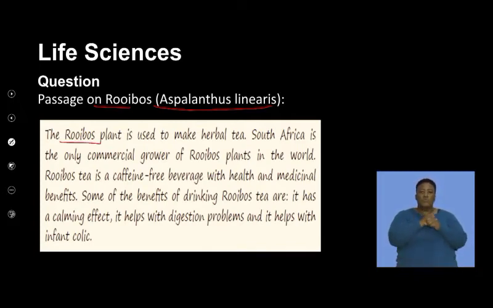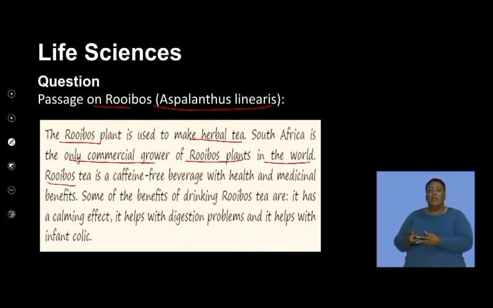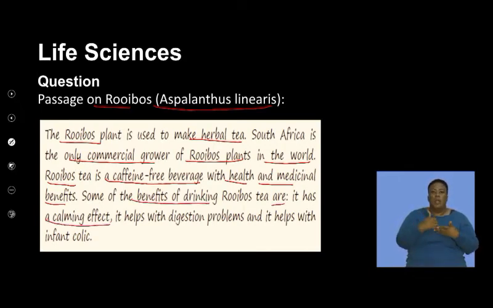So the rooibos plant is used to make herbal tea. South Africa is the only commercial grower of rooibos plants in the world. There's a huge market for this. Rooibos tea is a caffeine-free beverage with health and medicinal benefits. Some of the benefits of drinking rooibos tea are that it has a calming effect, it helps with digestion, and it helps with infant colic.